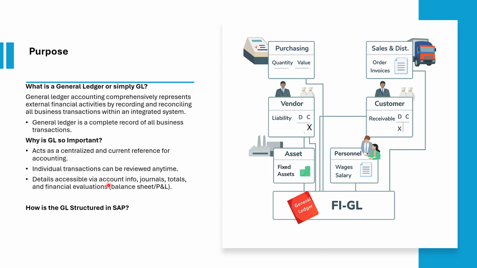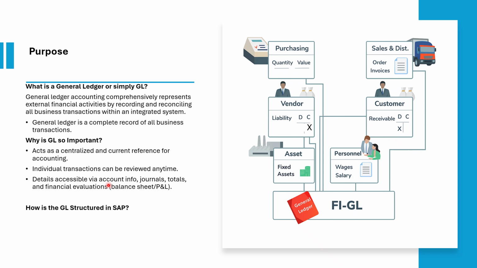So let's start simple. Understand general ledger as the central repository for all the accounting data in an organization. Okay, it holds all financial transactions, not just any transactions. I'm talking about those that impact the company's balance sheet and income statement.